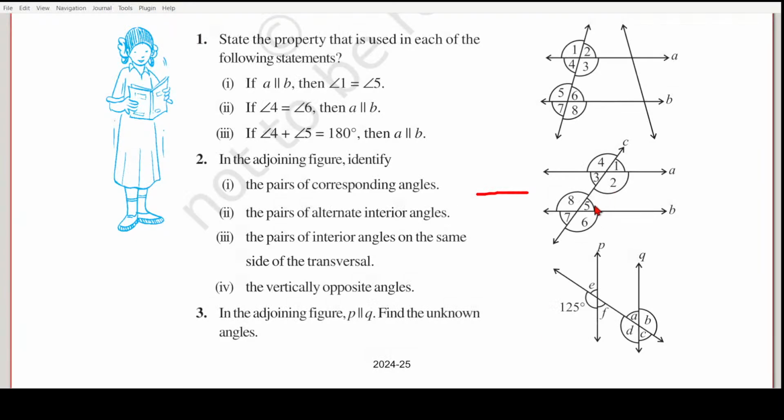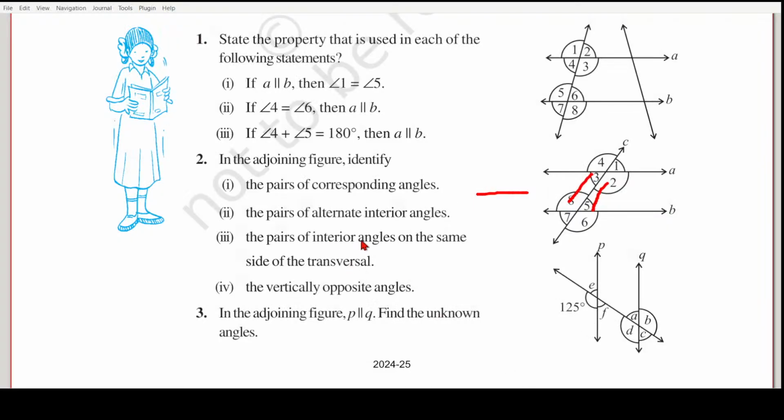No, 2 and 5 and 1 and 6. 2 and 5, and no, 1 and 6 are not interior. They should be interior. So 3 and 8. These two and these two. Why do I keep on doing that? Pair of interior angles on the same side of the transversal. This is done. Vertically opposite angles.